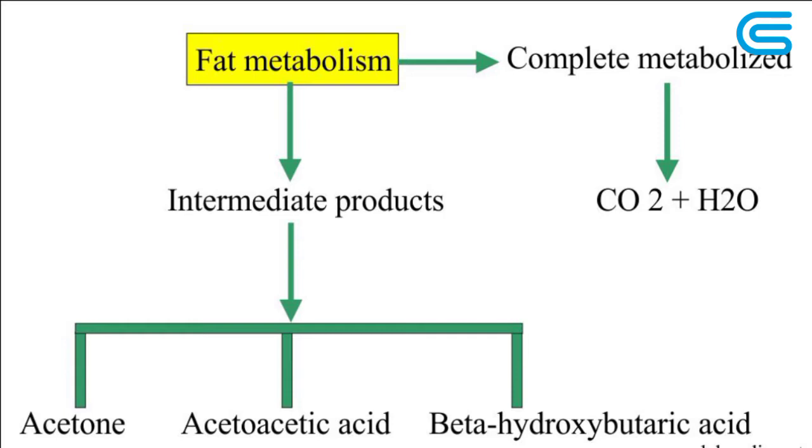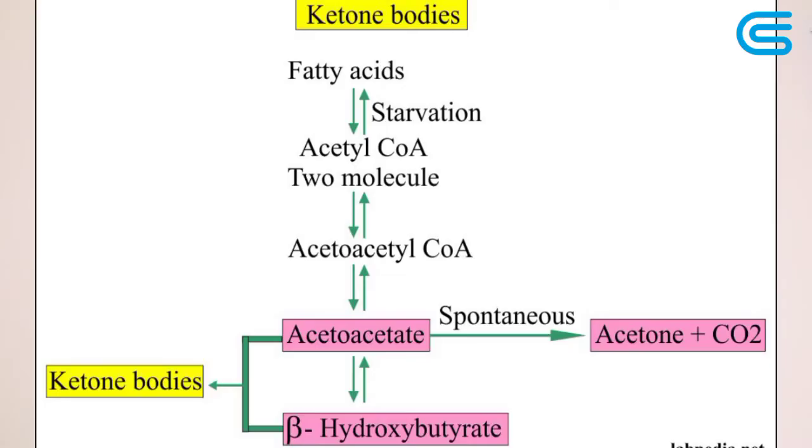Normally, the ketone bodies are not detectable in urine of healthy persons. If energy requirements cannot be met by the metabolism of glucose, maybe due to defective carbohydrate metabolism or low carbohydrate intake or increased metabolic needs, the energy is derived from breakdown of fats.